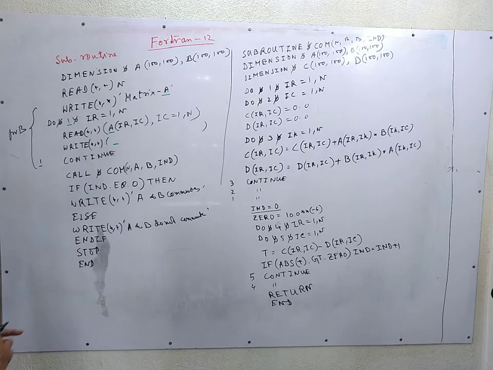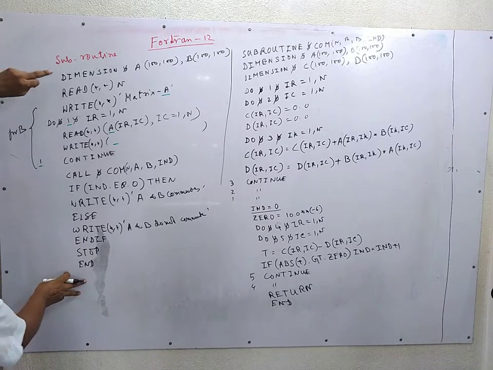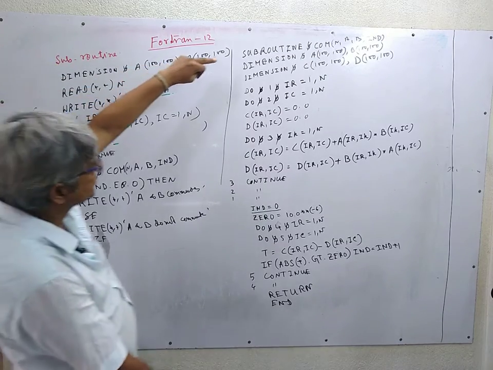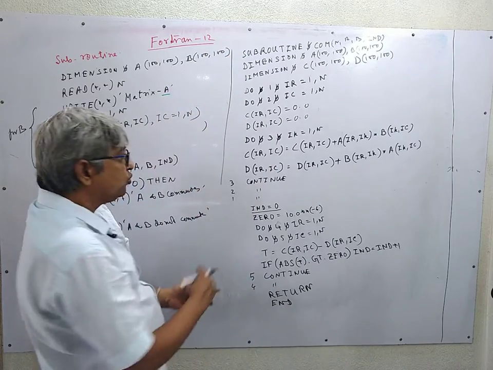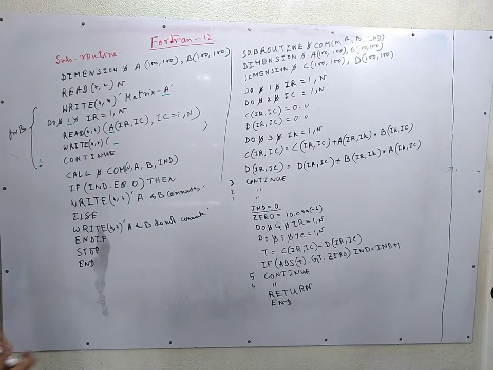There is one more advantage of writing the program via subroutine: the main program is this much and the entire computation has been put in the subroutine, so we can check the two units separately whether they are correct or not.